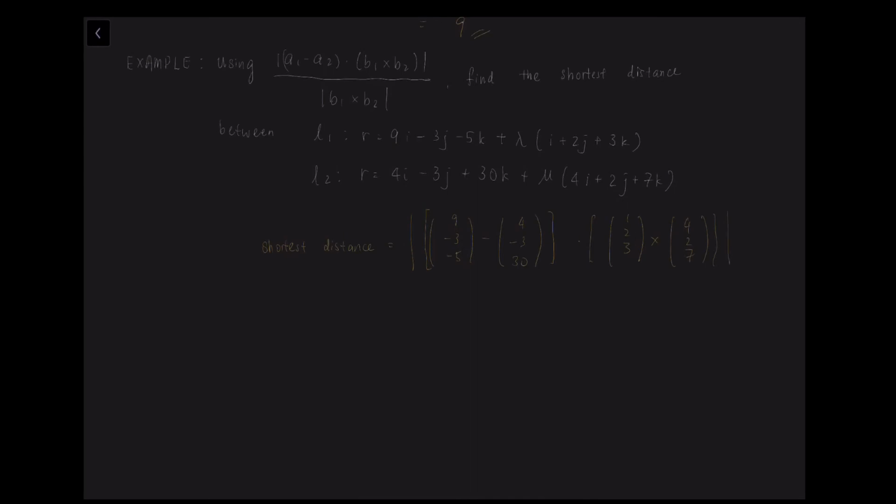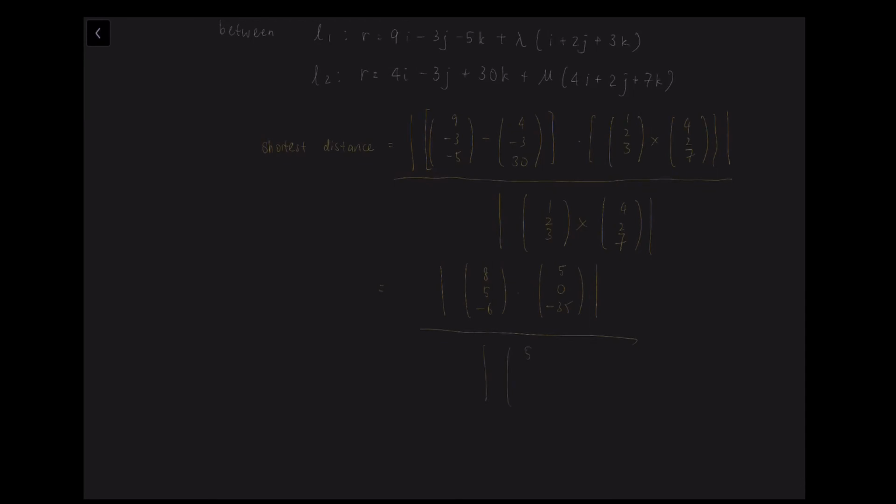So A1 minus A2 dot B1 cross B2 over the modulus of B1 cross B2, we will get, so A1 minus A2 is 8, 5, minus 6, and B1 cross B2 is 5, 0, and negative 35.